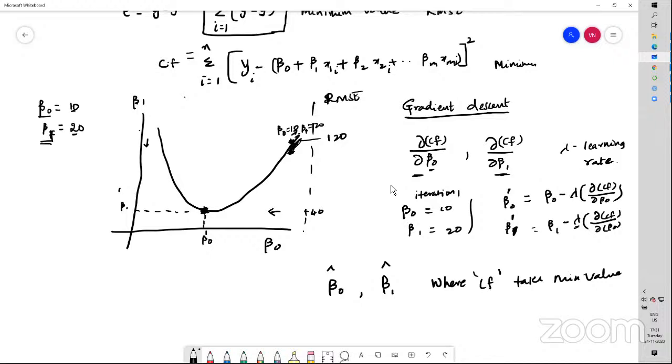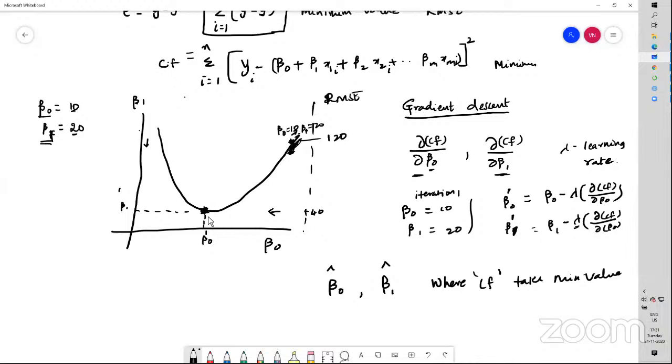Here, because we have two unknowns, we are applying the first order partial derivatives, which we call gradients. The gradients will tell you which direction to move. So using the gradient, we are decreasing or increasing the initial weights until we reach this point. The moment we reach this point, we will stop.